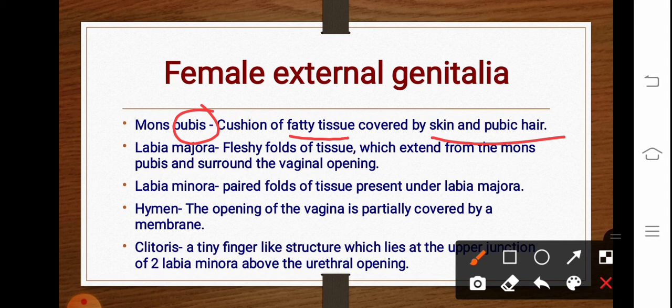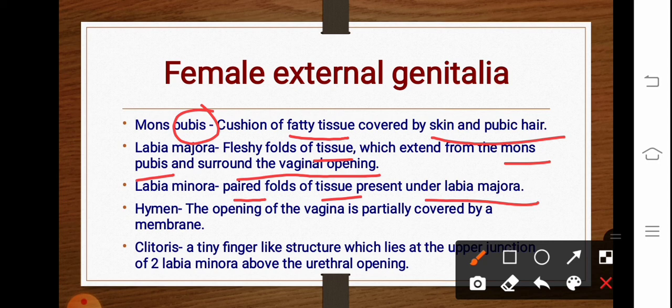They are fleshy folds of tissue which extend from the mons pubis and surround the vaginal opening, as I mentioned. Next is labia minora. They are paired folds of tissue present under the labia majora.